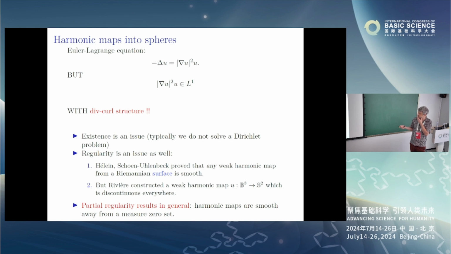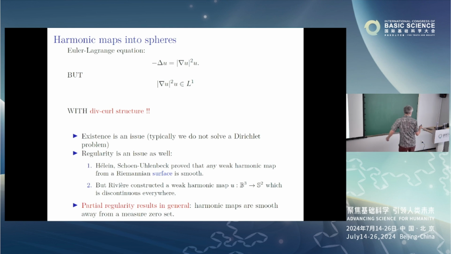The problem is that as soon as you look at a weak solution, you figure that the right-hand side is in L1. And from the point of view of regularity, this is a major issue because, of course, you are borderline for Calderón-Zygmund. If you want to gain regularity for weak solutions, you need to exploit all the features of the problem. One of them is the fact that the right-hand side has a div-curl structure.